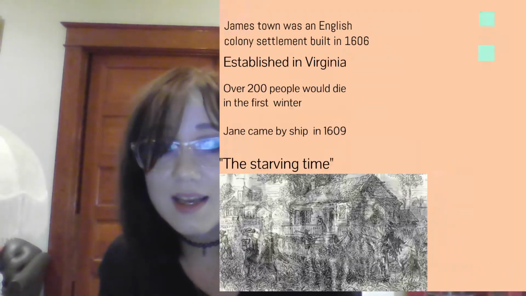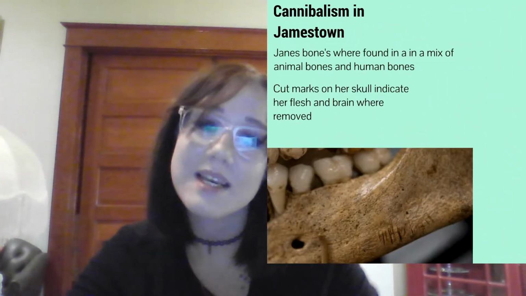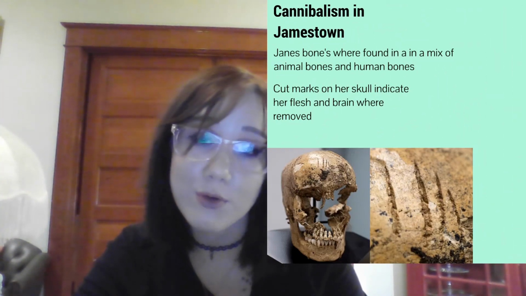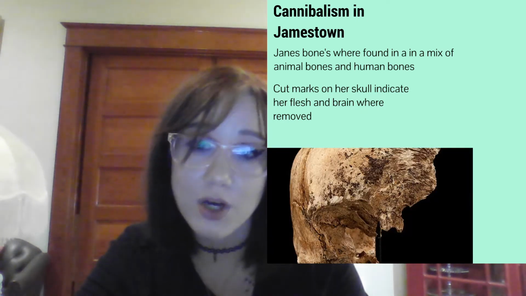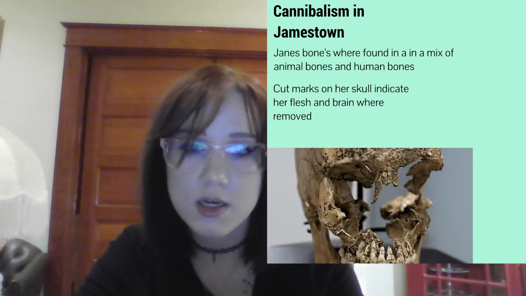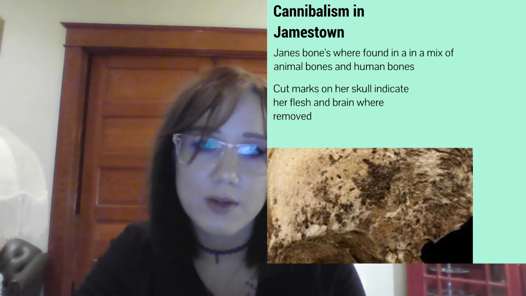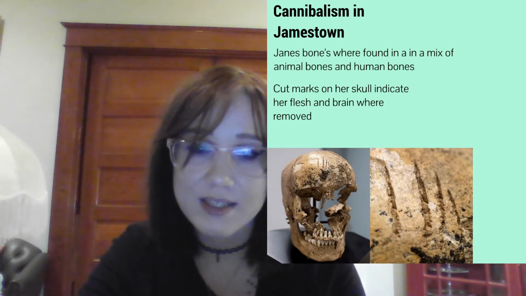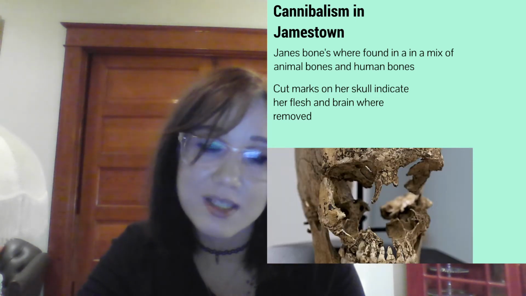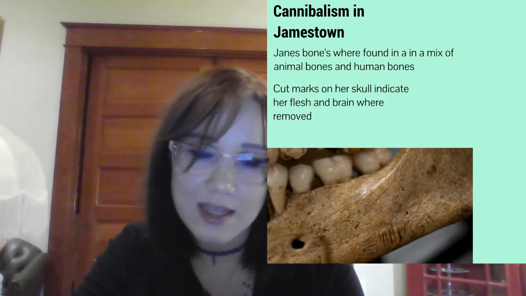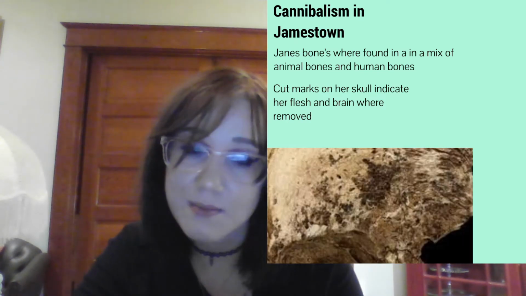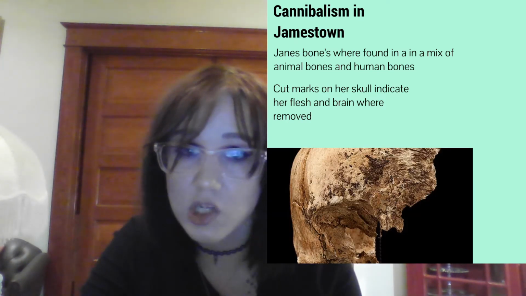Now, there wasn't any proof that cannibalism existed until they found the remains of Jane Doe hundreds of years later. Jane's bones were found in Jamestown in a mix of animal and human bones. But this wasn't the reason that they established cannibalism as a result of something that happened in Jamestown.